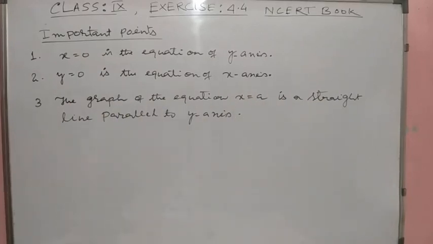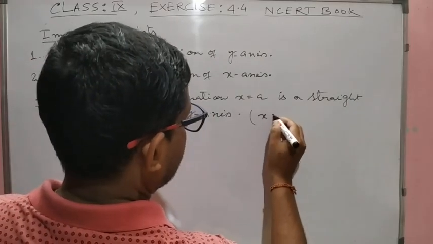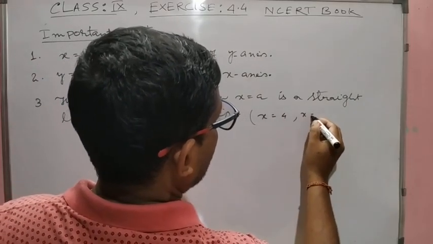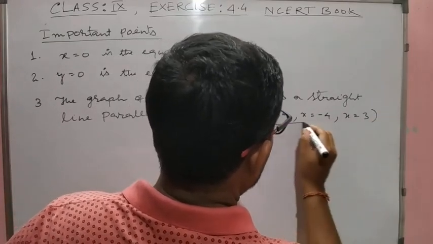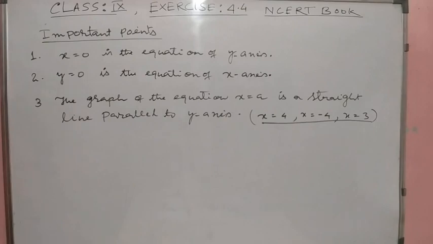That means if we draw the graph of equations like x equal to 4 or x equal to minus 4 or x equal to 3, we get a straight line in the Cartesian plane that is always parallel to the y-axis, as we have explained in the graph.